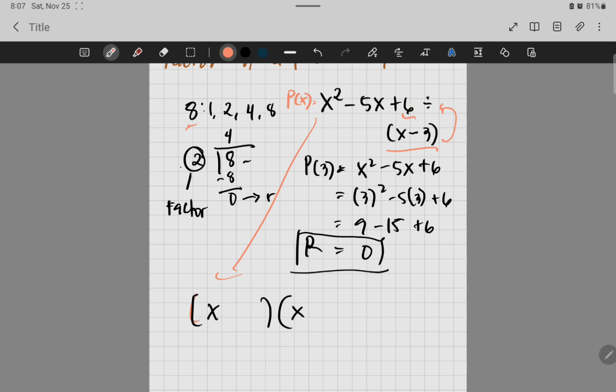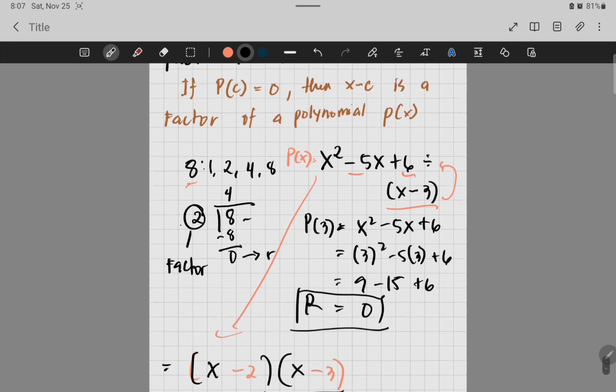Or what are the two numbers that when we multiply them, that is 6, and when we add them, that is negative 5? Okay, very good. So we have negative 2 times negative 3. So, if we look at it, one of the factors of x squared minus 5x plus 6 is x minus 3. And the other factor is x minus 2.